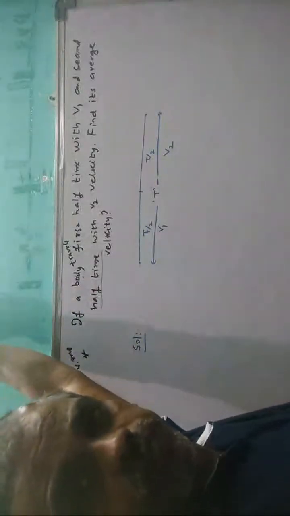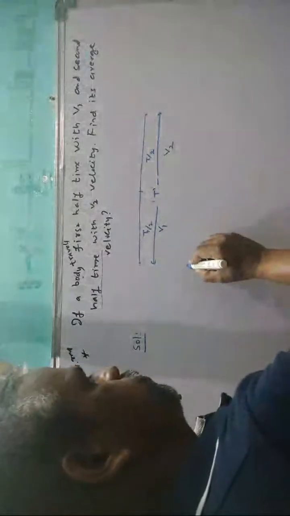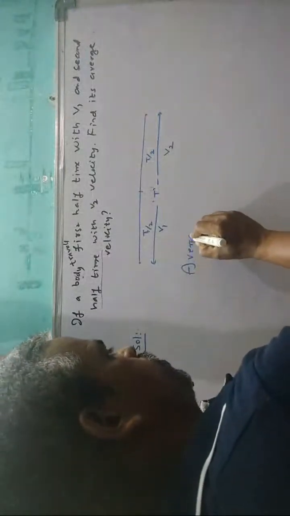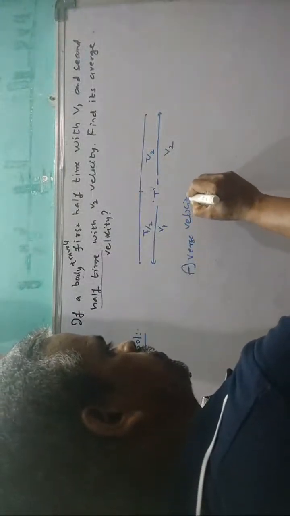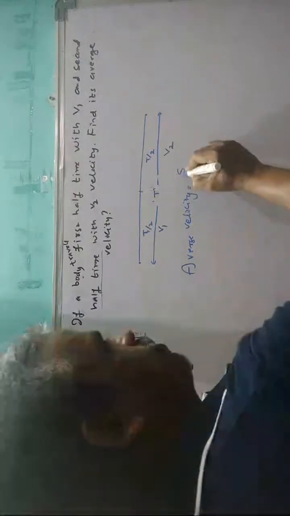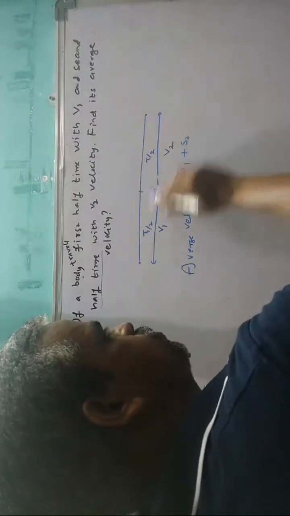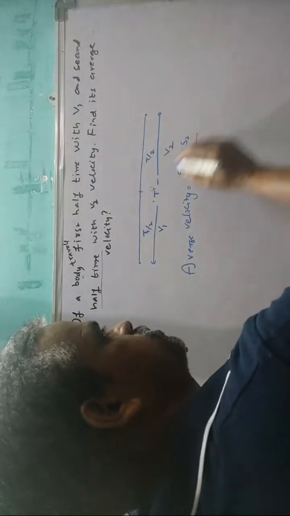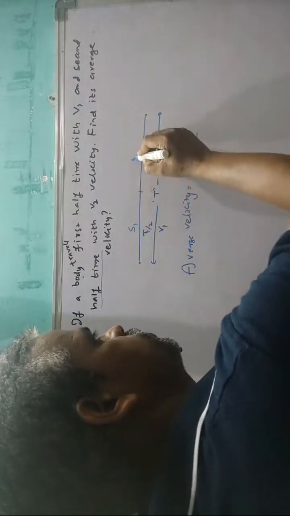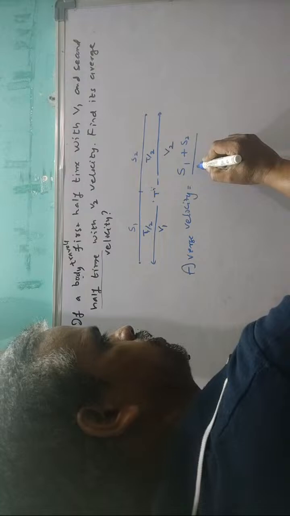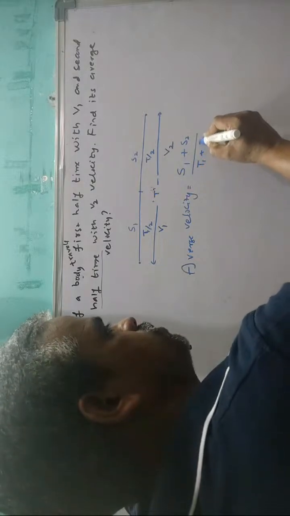Okay, is it okay? So find average velocity. We have the formula s1 plus s2, here only two displacements, this is s1 displacement, this is s2 displacement, then t1 plus t2.